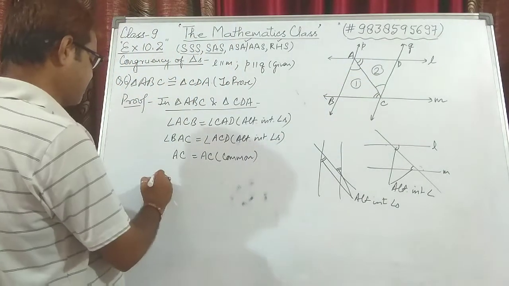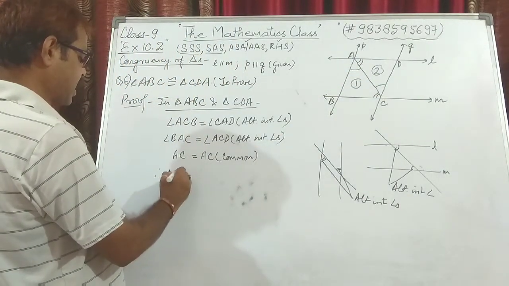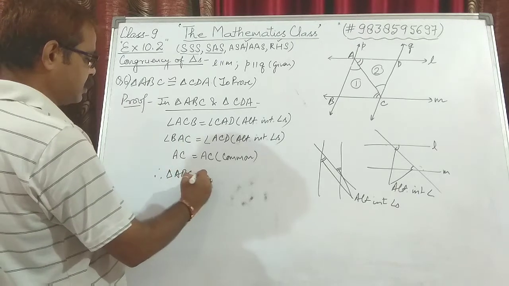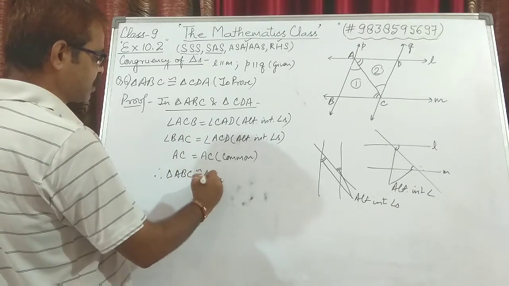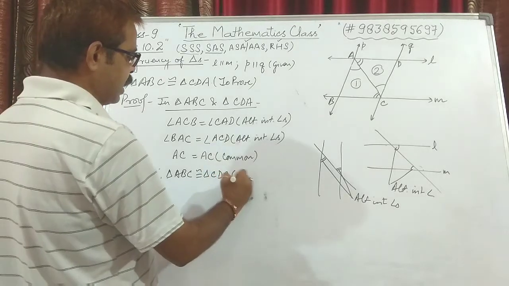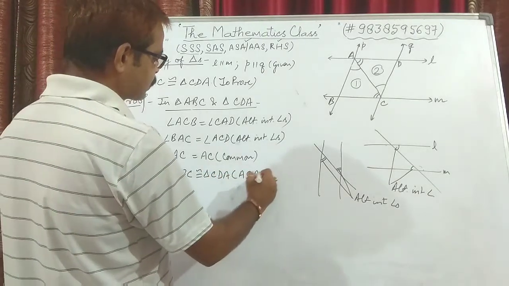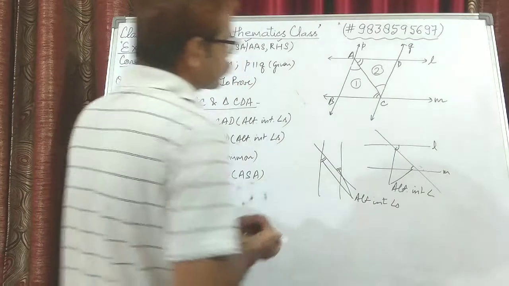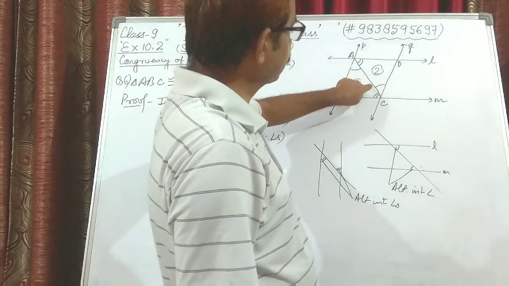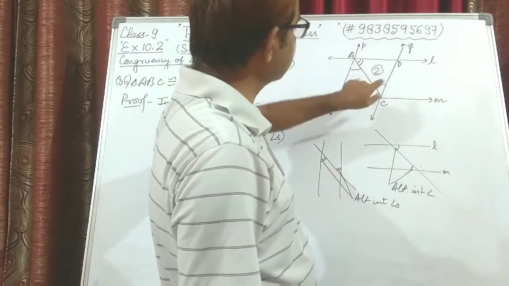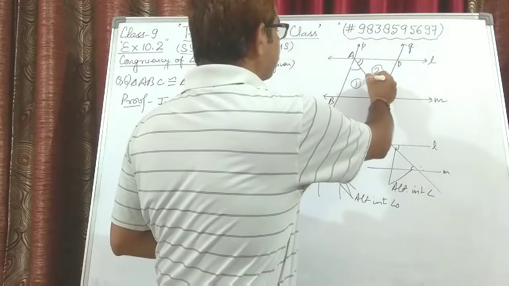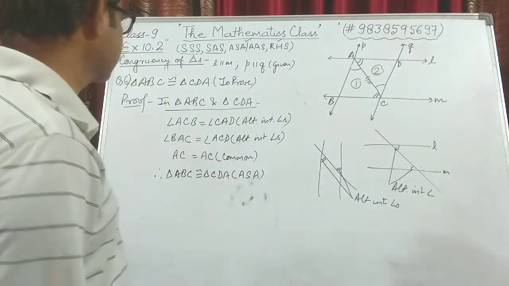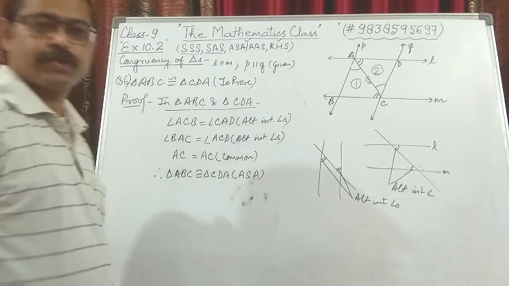Therefore, triangle ABC is congruent to triangle CDA, and the reason is angle, side, angle. Two angles and the side included between them, similarly two angles and the side included between them. So these triangles are congruent, and that was what was required to prove.